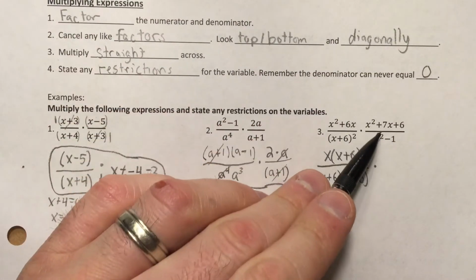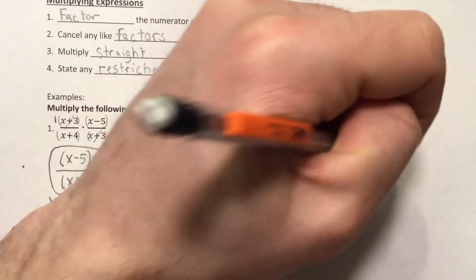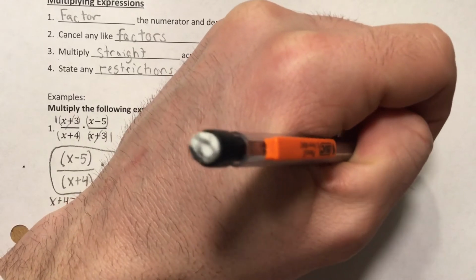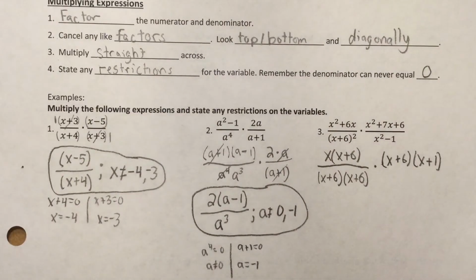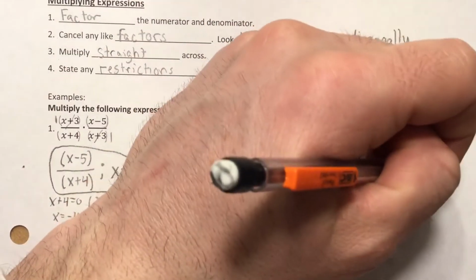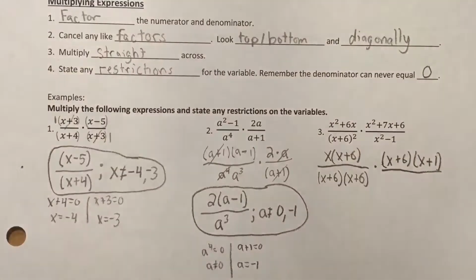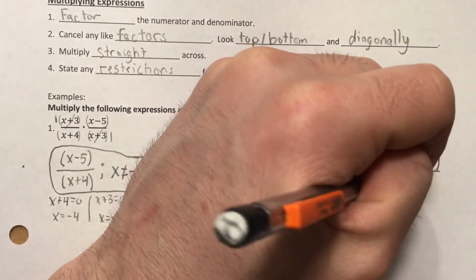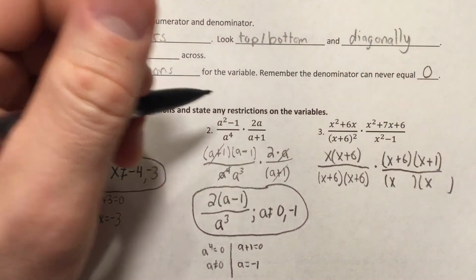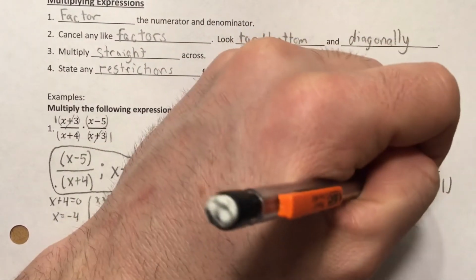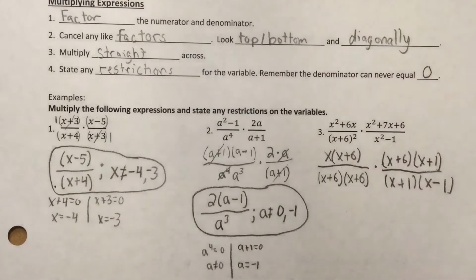I'm going to factor the top here with a trinomial. What multiplies to 6 and adds to 7 would be x plus 6, x plus 1. And then on the bottom, I have a difference of squares. So again, the square root of x squared is x, the square root of 1 is 1, and then we always have opposite signs.